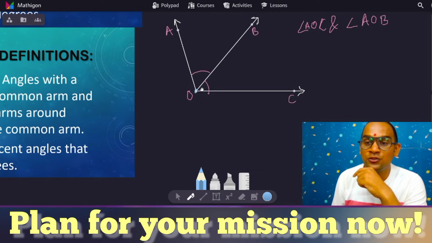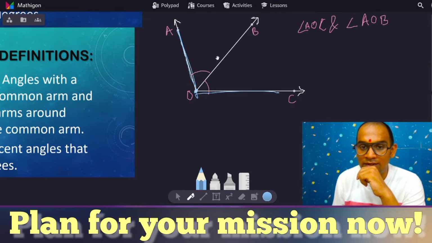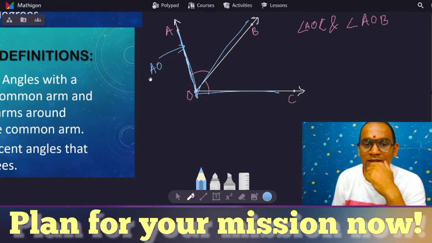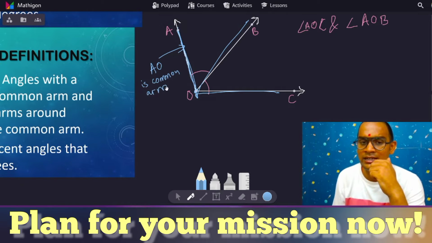Now, angle AOC and AOB both have this vertex common, and AOC is this particular angle and AOB is this angle. That means AO is the common arm. Yes, AO is the common arm over here. Now, my dear friends, try to understand very, very carefully.